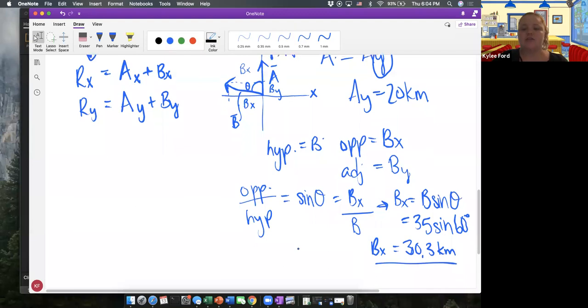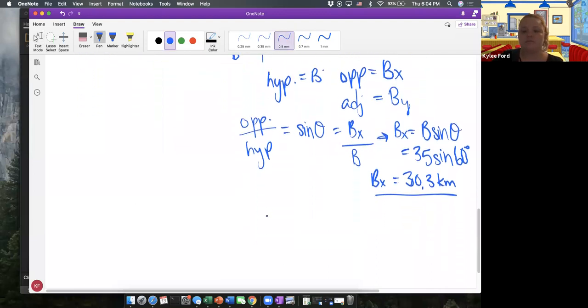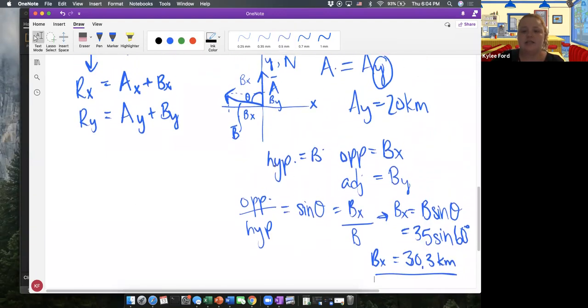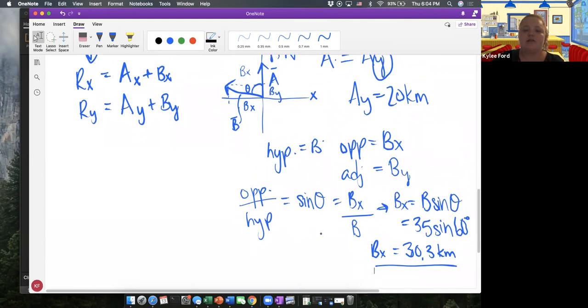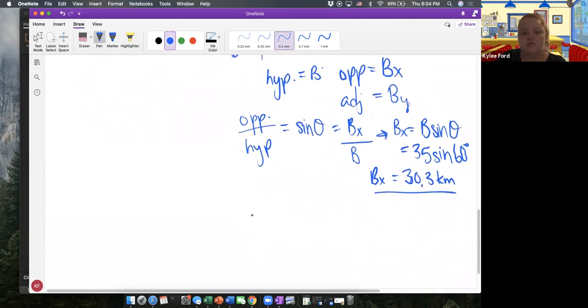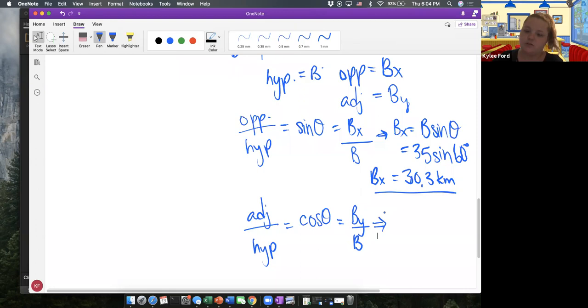Now I can do the same thing for BY. BY is going to be adjacent, so I need my adjacent, I know my hypotenuse. So adjacent over hypotenuse is going to be cosine theta, BY over B. Do some algebra, solve for BY.